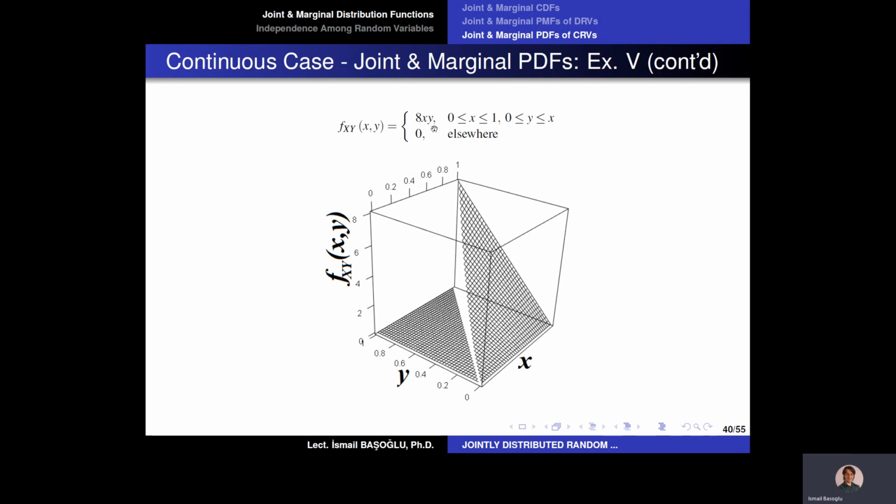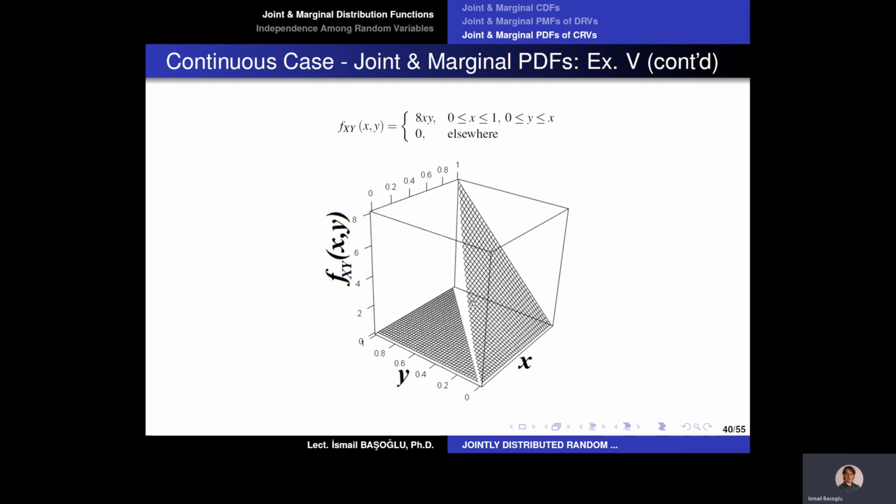And in fact, neither x nor y can take any other value outside the unit interval. So only this triangular region on the two-dimensional domain is defining the possible values of random variables x and y.